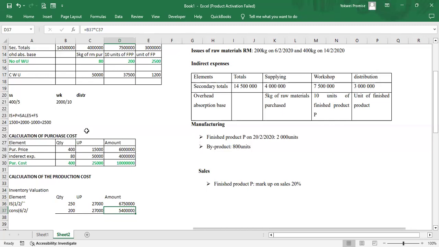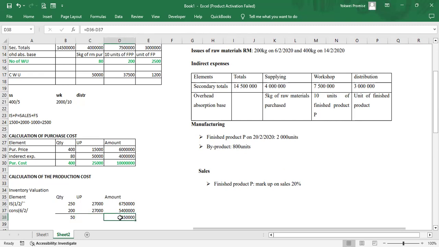So equal to this minus this, and here, this take away this. Are we together? Yes, I'm subtracting.